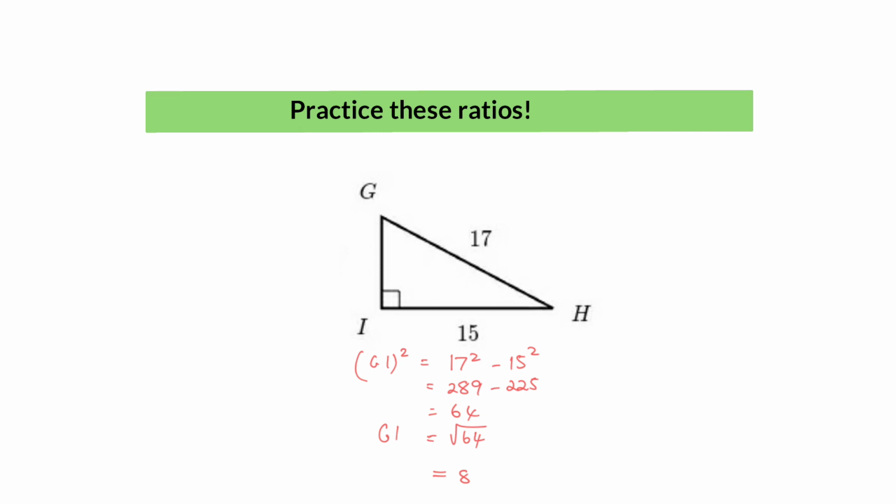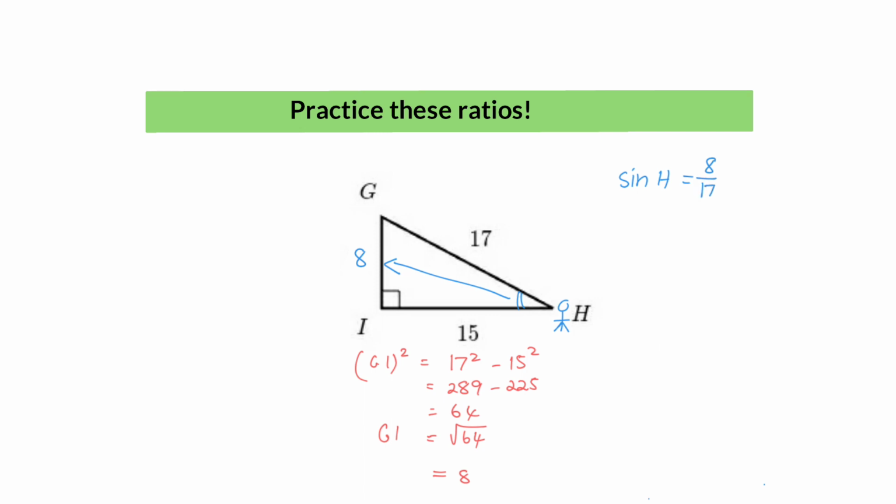Now we've got GI and we can answer any questions on ratios. The first question I'm going to ask is, what is sine of h? This means I have to go and stand here at angle h. This is now my reference angle from where I work. Sine's ratio is opposite over hypotenuse. Where is opposite? Well, it's that one, which is now 8. And where is hypotenuse? It is 17.